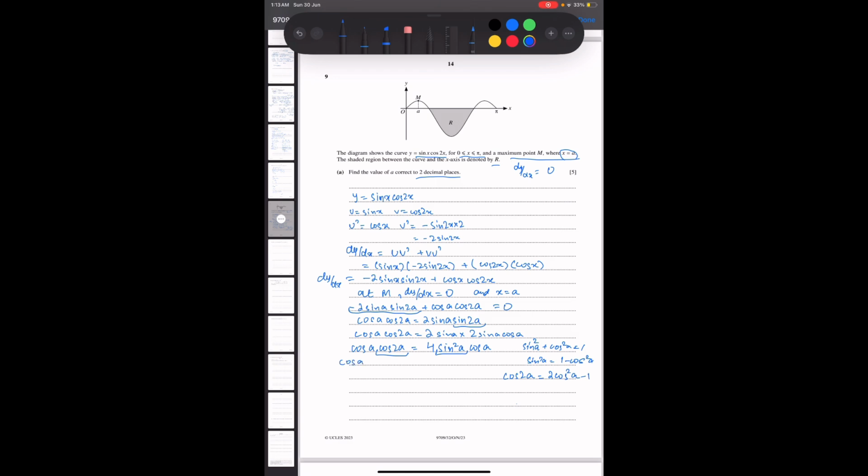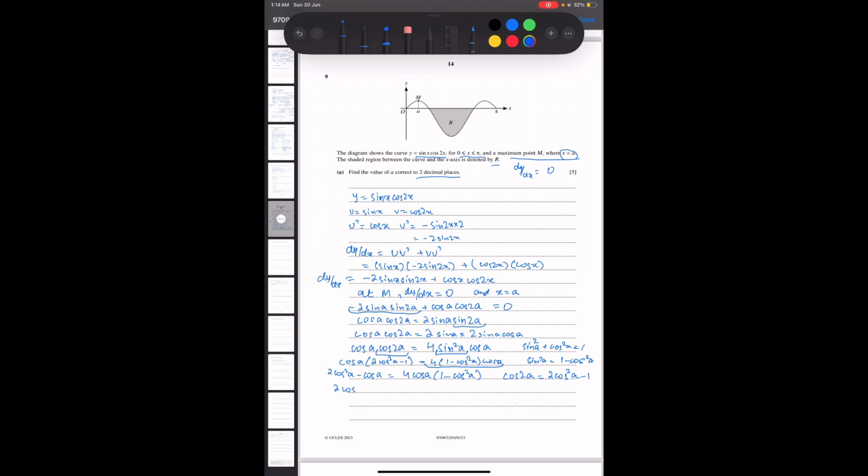So cos a multiplied by 2 cos squared a minus 1 is equal to 4 into 1 minus cos squared a into cos a. So this is 2 cos cubed a minus cos a is equal to 4 cos a multiplied by 1 minus cos squared a.